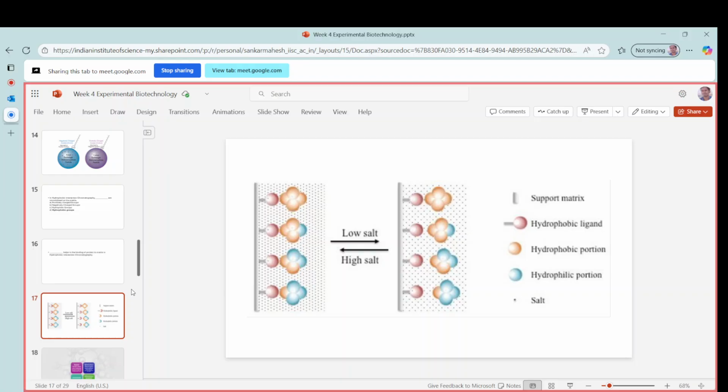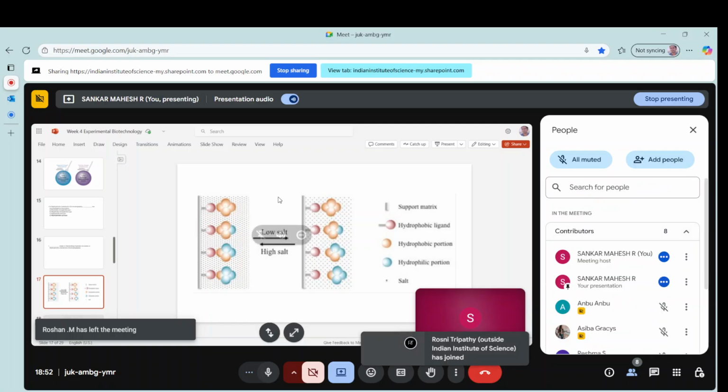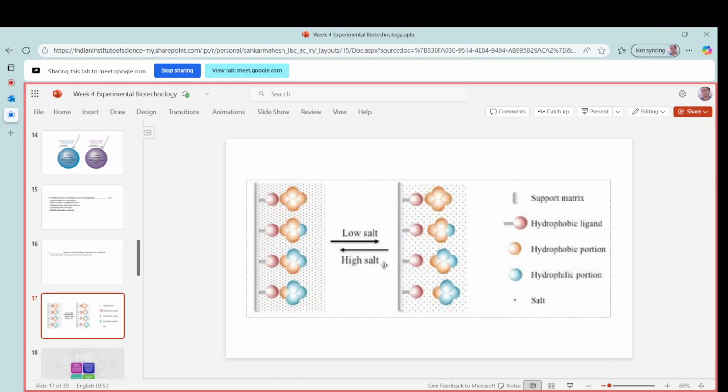So in hydrophobic interaction chromatography, what we do is we add extremely high salt. So when we add extremely high salt, your hydrophilic group is more solvent exposed and it is stable.